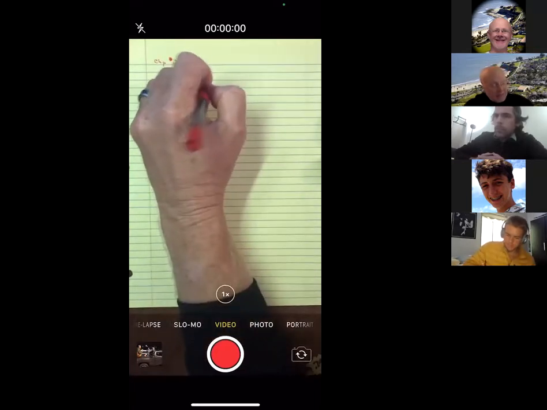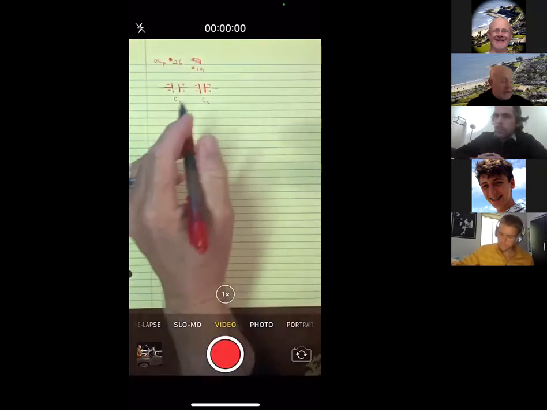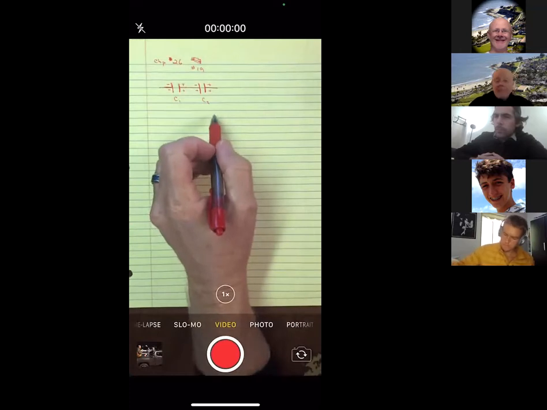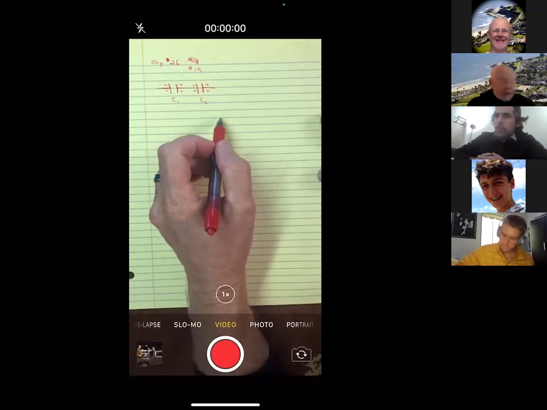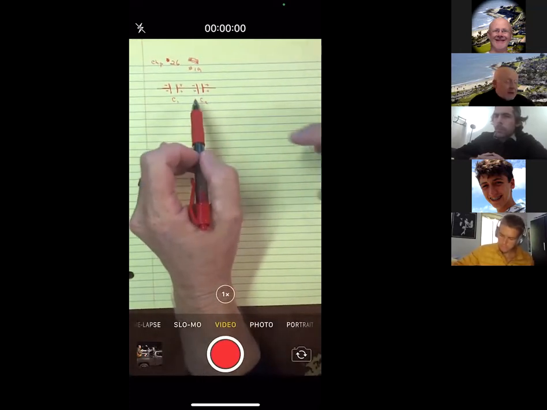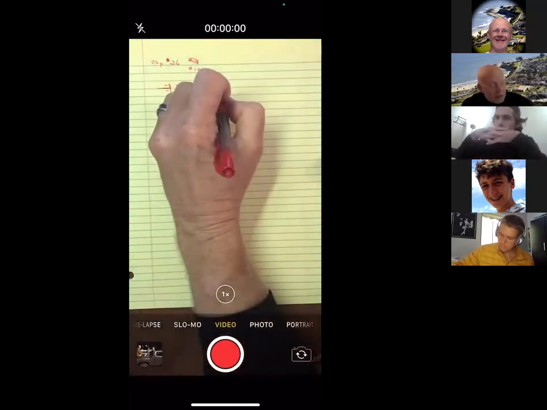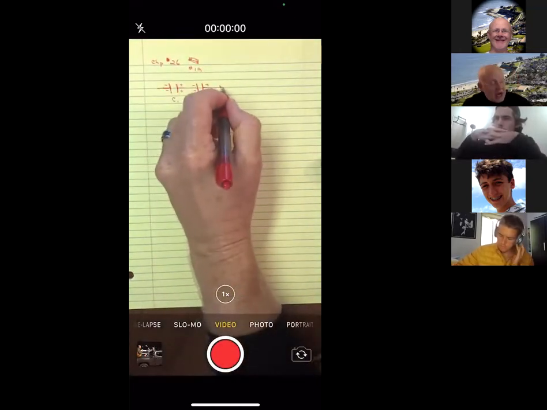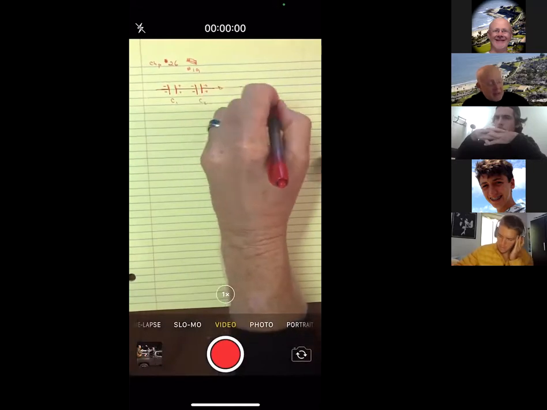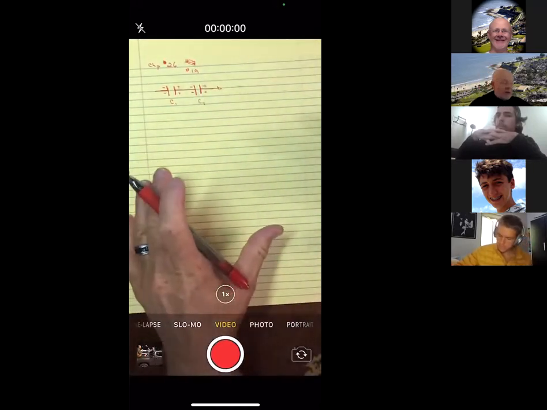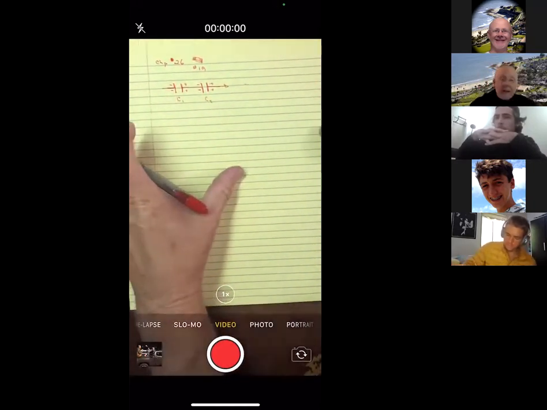And of course, 2 electrons would be chased off of the right plate of number 2. For these to get chased off, there does have to be something else for them to go to, so I'm just drawing a piece of it.